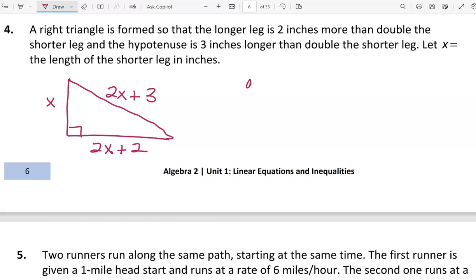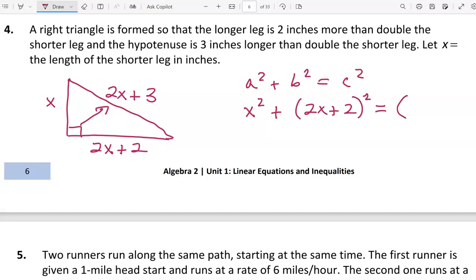What we know about sides in a right triangle from geometry is that a squared plus b squared is equal to c squared. The important thing there about the Pythagorean theorem is that c is the hypotenuse, and we know the hypotenuse is always opposite the 90-degree angle. So a can be x, b can be 2x plus 2, but again, we need to figure out the value of 2x plus 2 before we can square it.